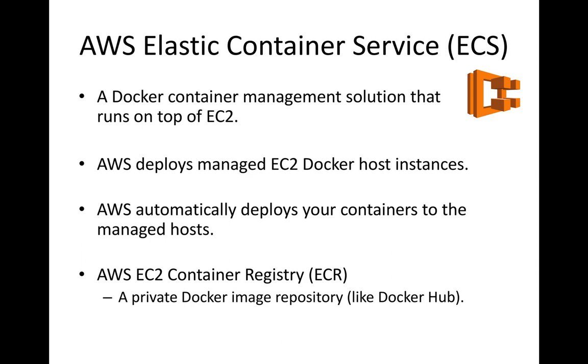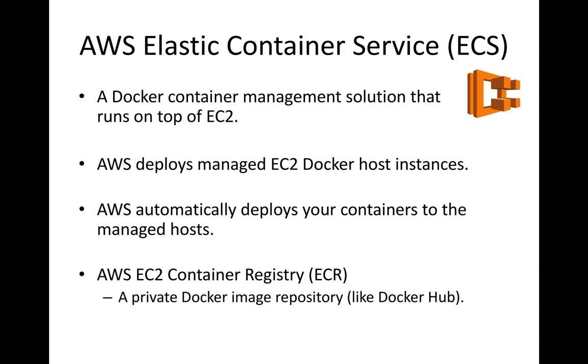Another part of the ECS service is the AWS EC2 Container Registry, also known as ECR. The ECR is basically a private Docker image repository. If you recall, when you create Docker images, you generally want to store them in some sort of centralized repository.